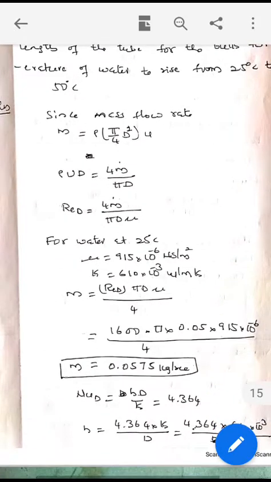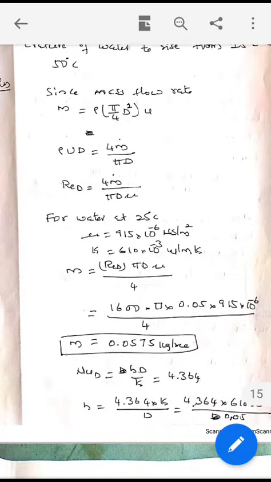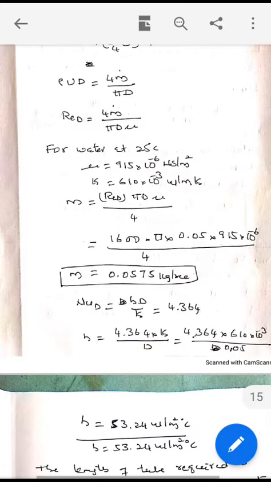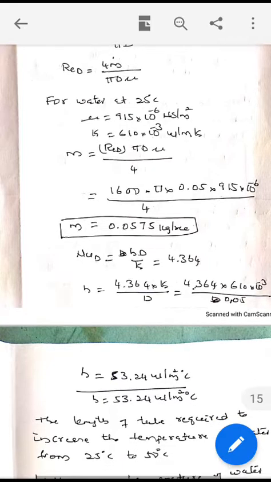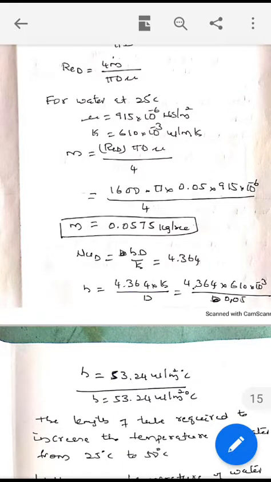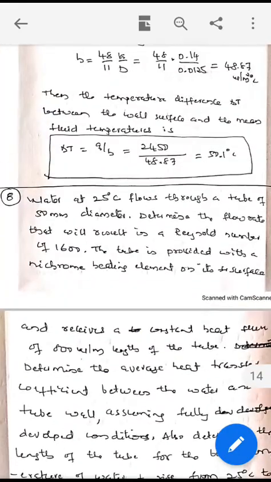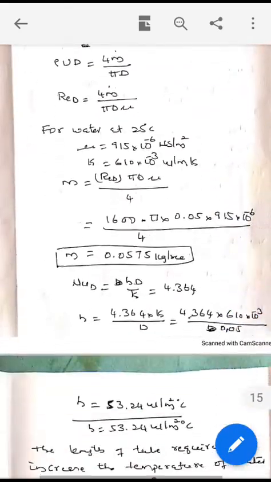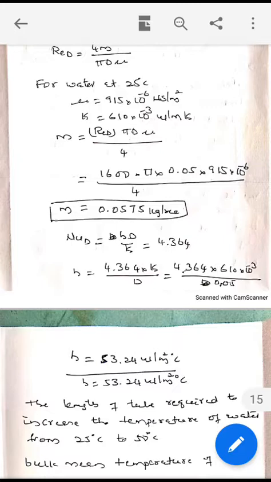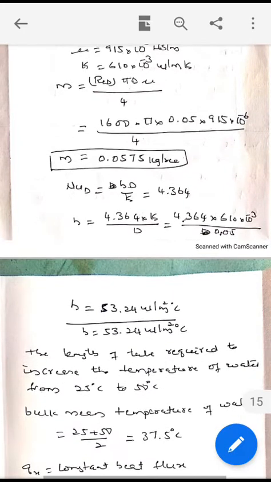So for the mass flow, Reynolds number is equal to 4m by pi d mu, so mass equal to pi d mu into Reynolds number by 4. The mass of water you will get as 0.0575 kg per second.